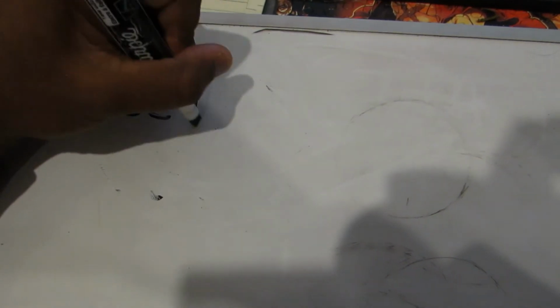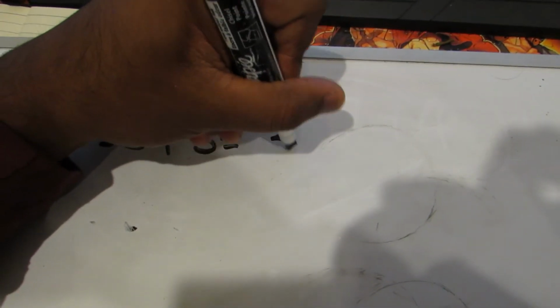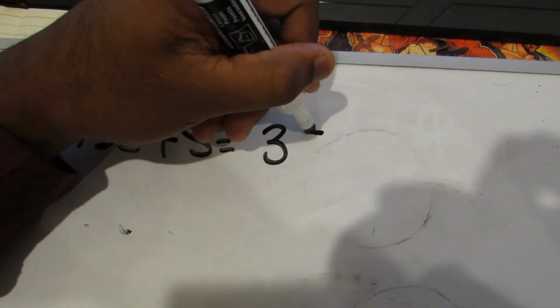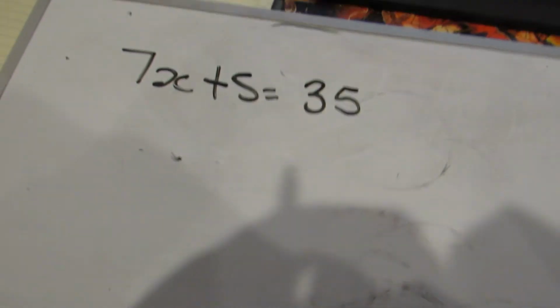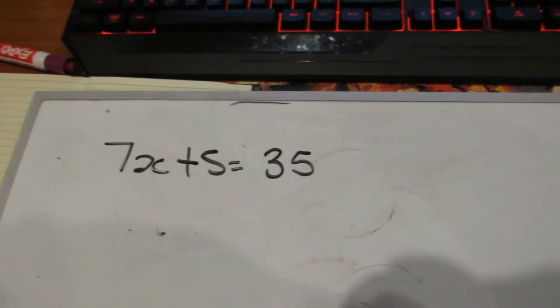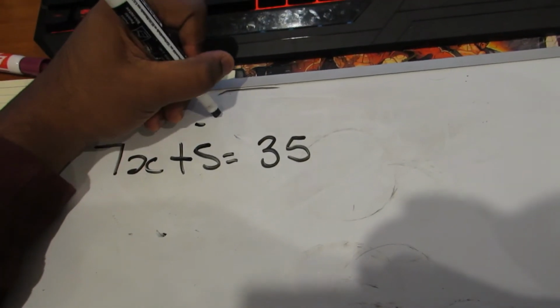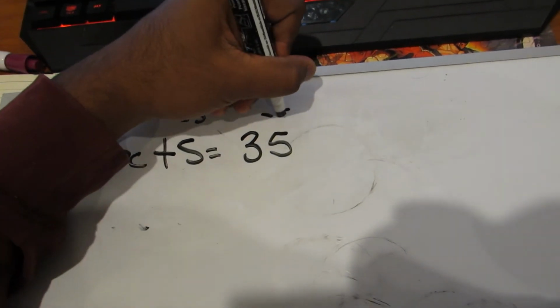Say 7x plus 5 equals 35. So now what you have to do is take away 5 from each side. We have all done this in Pythagoras. 5 from each side.